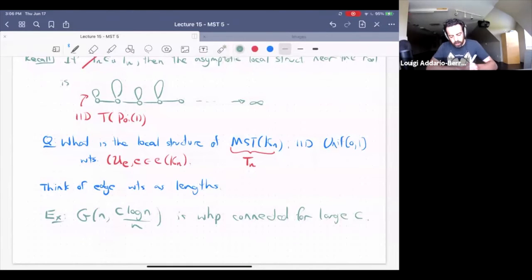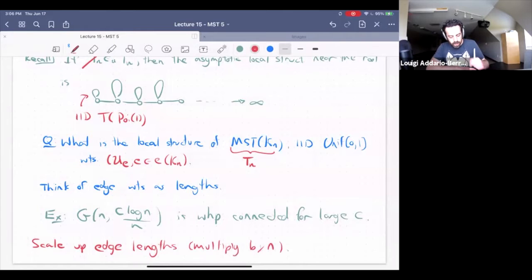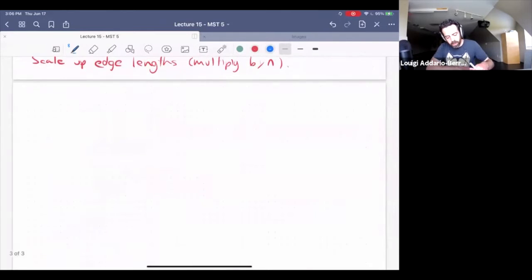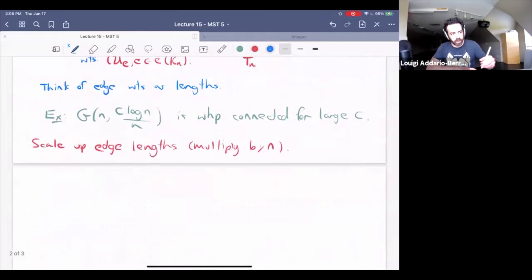So if we want to see something non-trivial, we need to scale up the edge weights. We'll do that so that the typical minimal edge lengths have order 1 rather than order 1 over n, so we scale up the lengths by multiplying by n. Then we can hope to see a non-trivial asymptotic local structure.